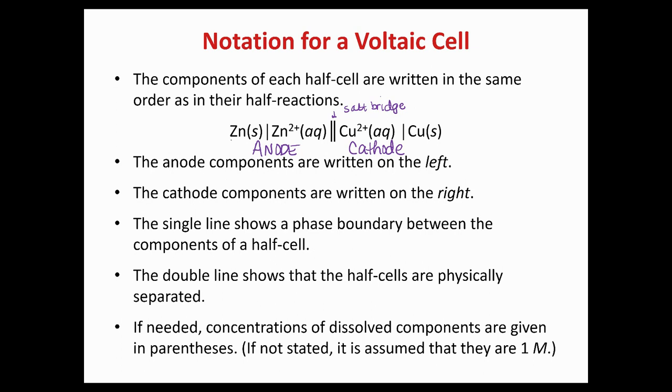So I used a piece of zinc, right? In that previous picture, it had the zinc. It had the zinc ion. That's our anode. The electrons flowed to the other side to a solution of copper 2+ with a piece of copper.